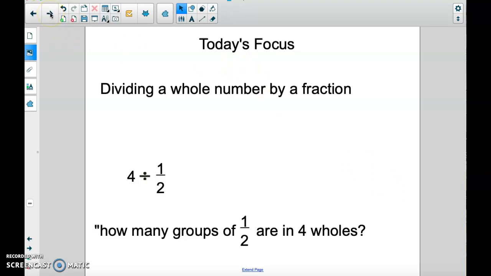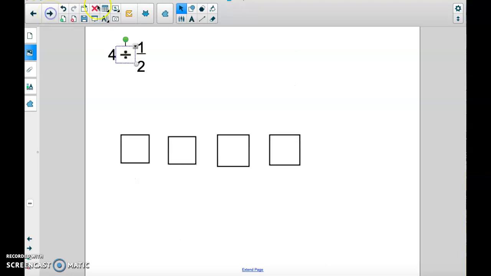All right. So if we solve for that, we would have 4 divided by 1/2. We start with 4 wholes. So that's what I'm going to start with. 1, 2, 3, 4 wholes. And now I'm going to see how many 1/2s are in all of them together.